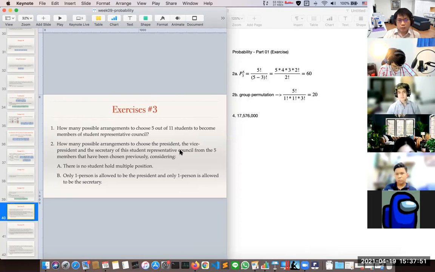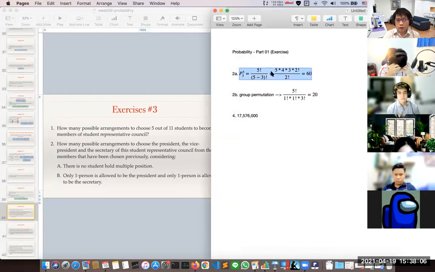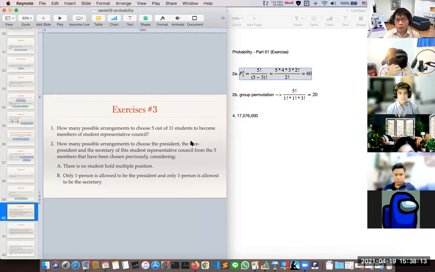Presumably, there are only 3 positions, assuming that each one is only one. So 3 permutations of 5. So we will have 60 possible combinations of students, assuming we will have one president, one secretary, and another one is the vice president.